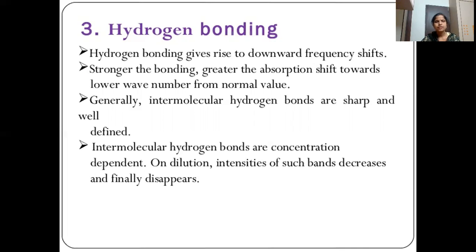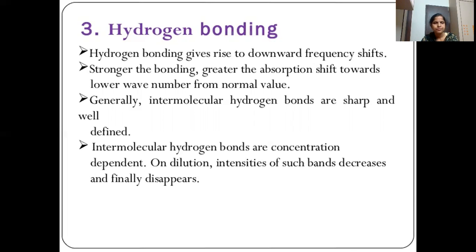The vibrational frequency is directly proportional to the bond strength or the force constant. So when the force constant decreases, the vibrational frequency also decreases. That is why when hydrogen bonding is formed, the vibrational frequency will move towards the lower wave number.